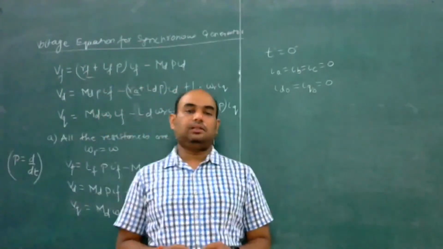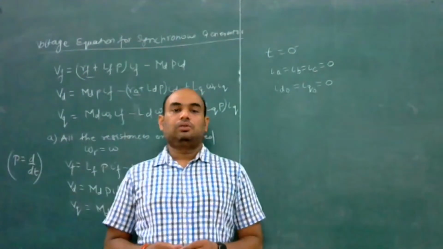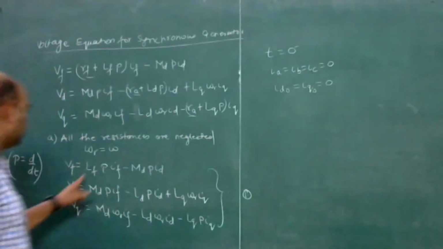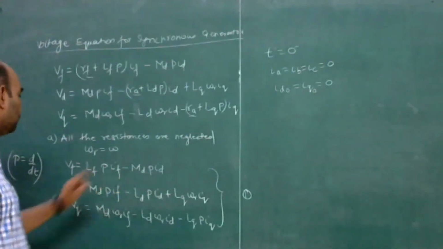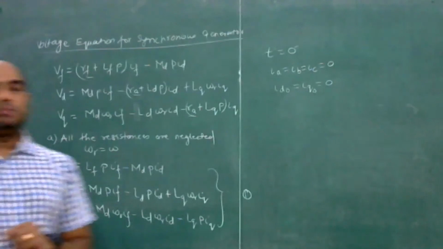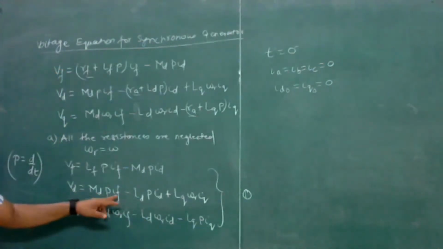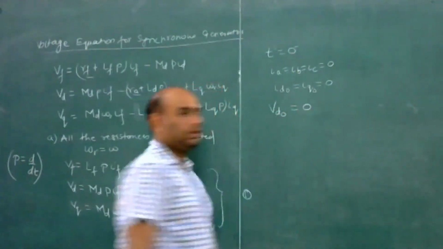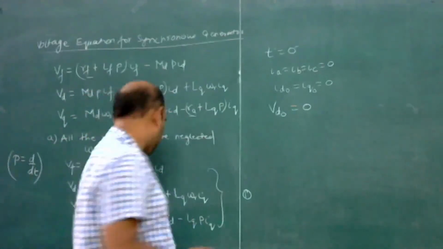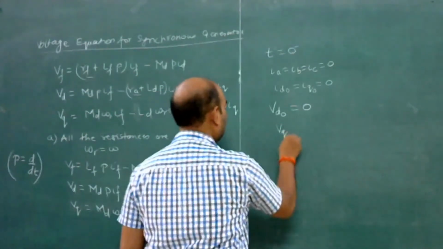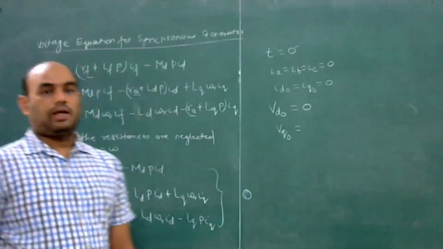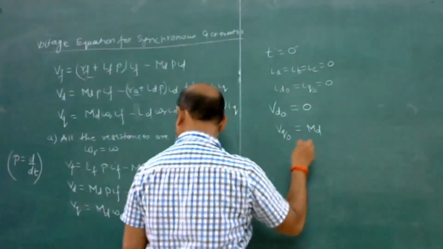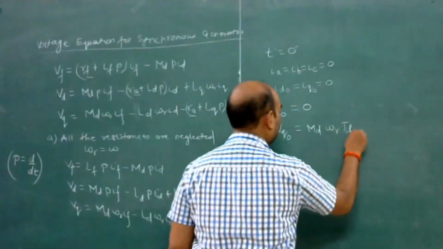Since id is equal to 0 and iq is equal to 0, the equation reveals that Vd naught will be equal to 0 and Vq naught will be equal to Md omega r If naught.